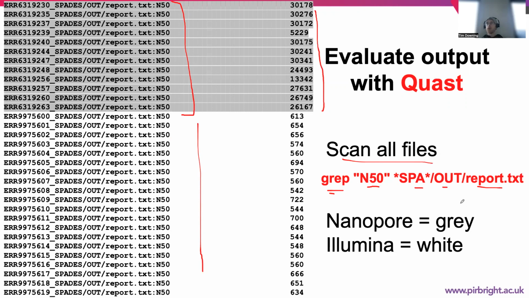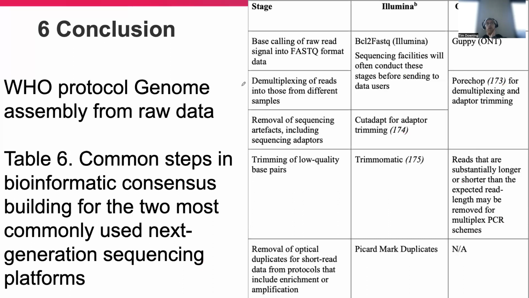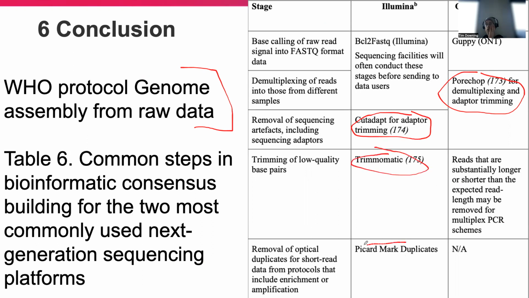Note that we also link our work with the WHO protocol for looking at SARS-CoV-2 data, that we looked at, say, using Porechop for demultiplexing and adaptive trimming of Nanopore reads. We used equivalent adaptive trimming with fastp and the FASTX quality trimmer, the same as Trimmomatic. We looked at how duplicate reads do occur and how fastp can eliminate them.